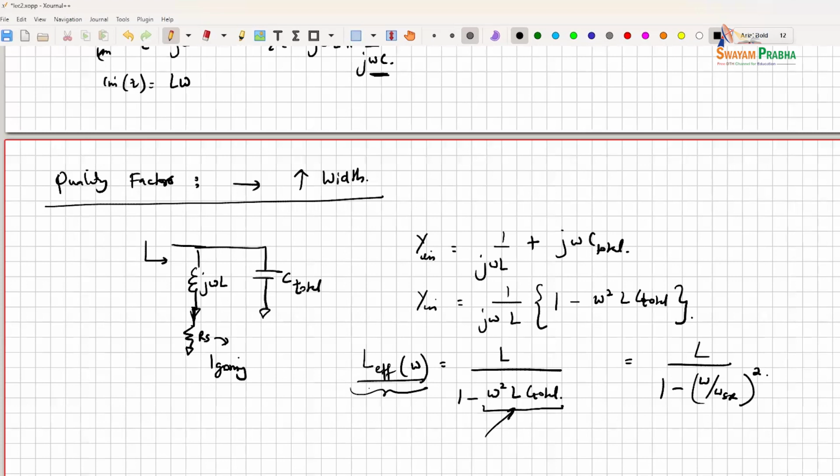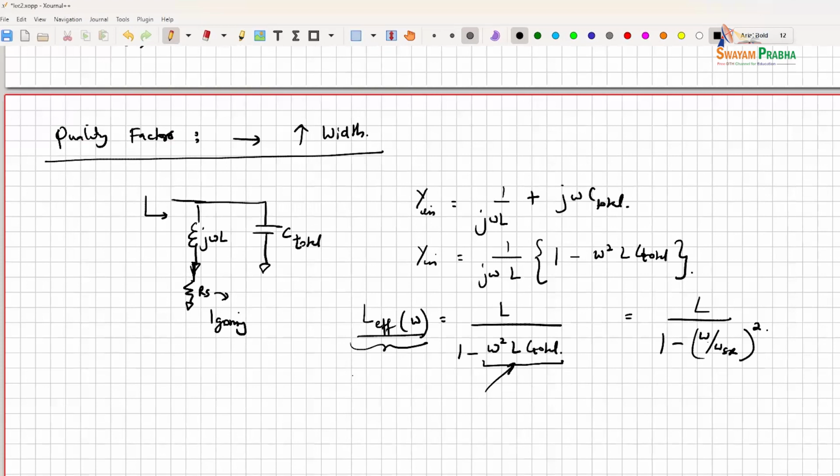If my omega SR is of the order of 2, so this ratio is 2, then this becomes L divided by 1 minus 1/4, which basically becomes 4L over 3. Sorry, it should be higher. So I'm basically getting a slightly larger inductance than I thought I'd be getting.